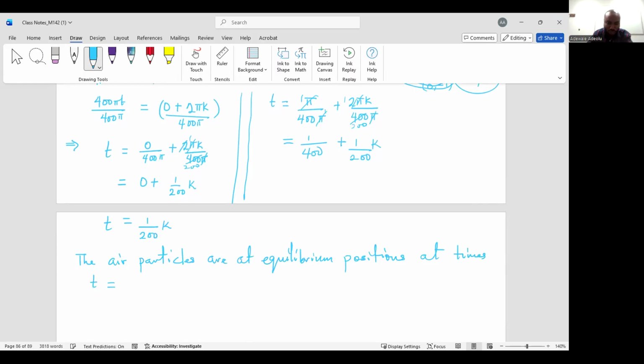t equals 1 over 200k and 1 over 400 plus 1 over 200k, where the unit is hours, where k belongs to the set of positive integers.